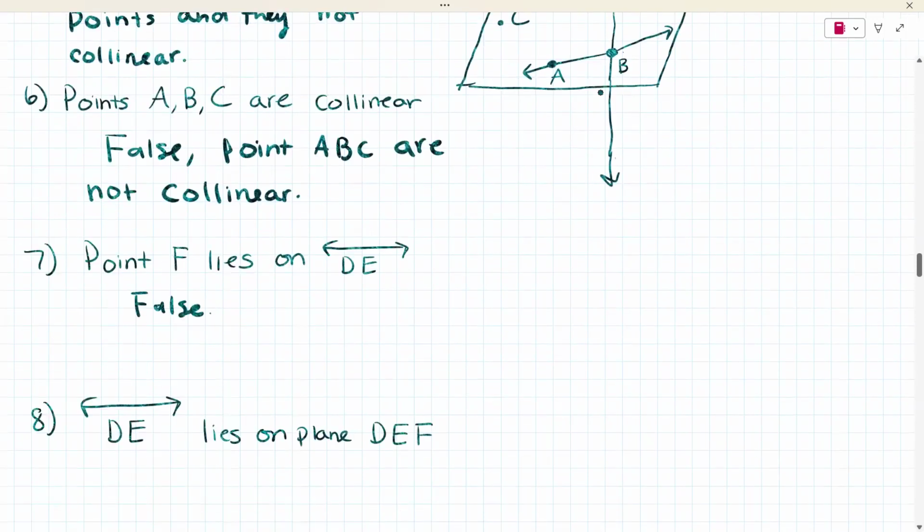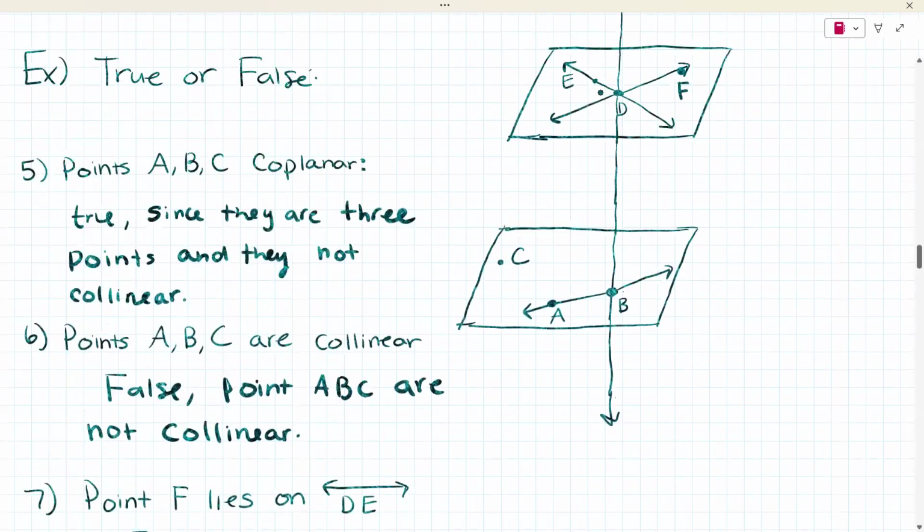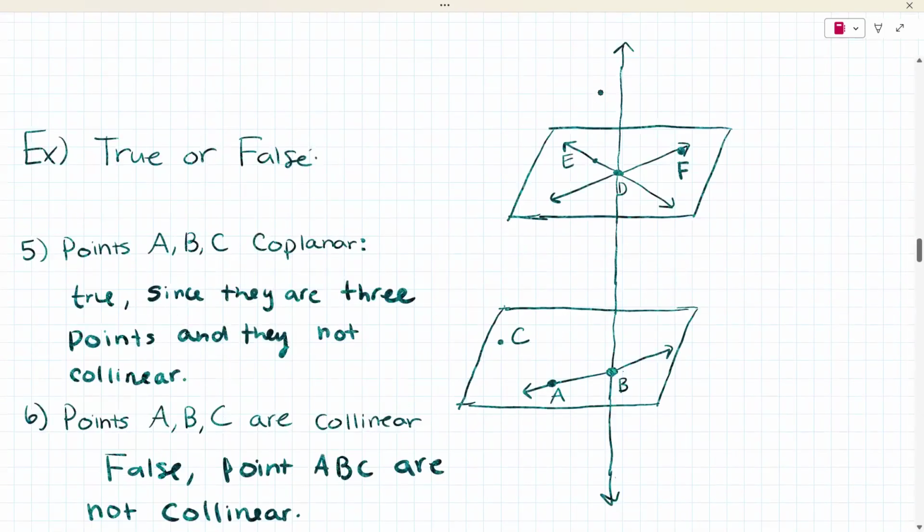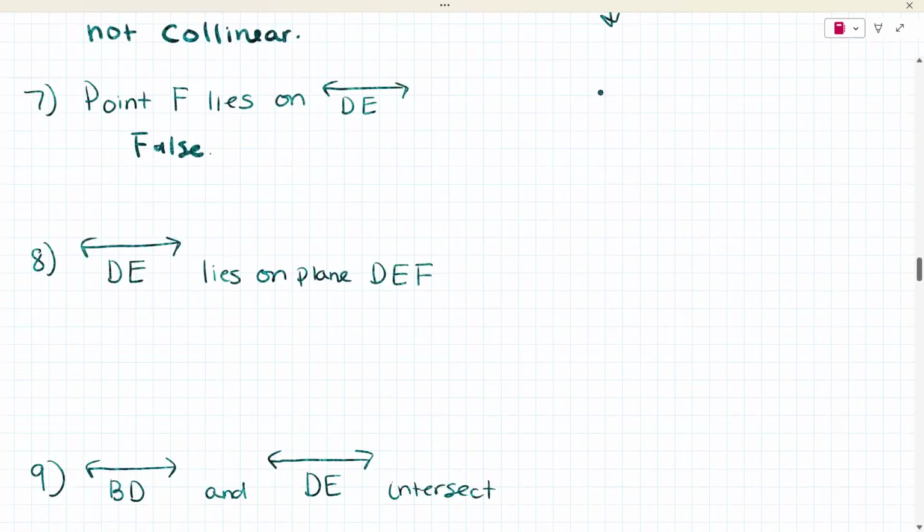What about line DE? Does line DE lie on the plane DEF? So here's DEF. Does line DE lie on the plane DEF?